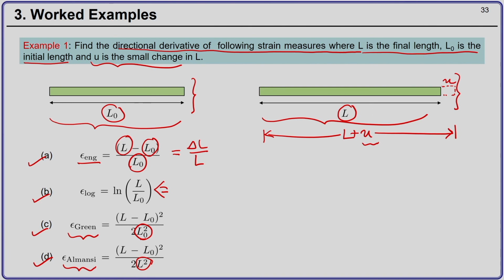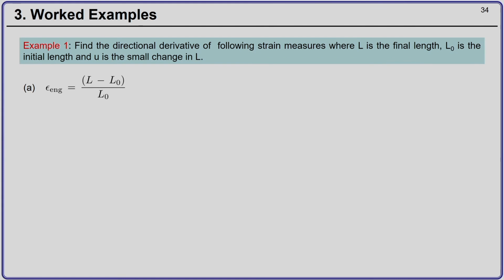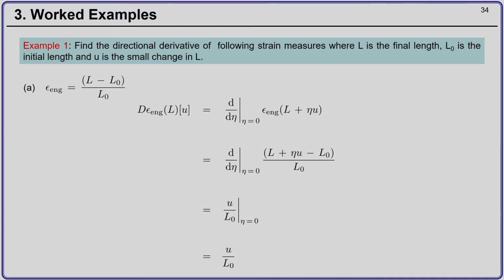We will start with the first strain measure, the engineering strain, at length L. The engineering strain depends on length L. L0 is fixed, it is a constant quantity. The only thing that can change is L.